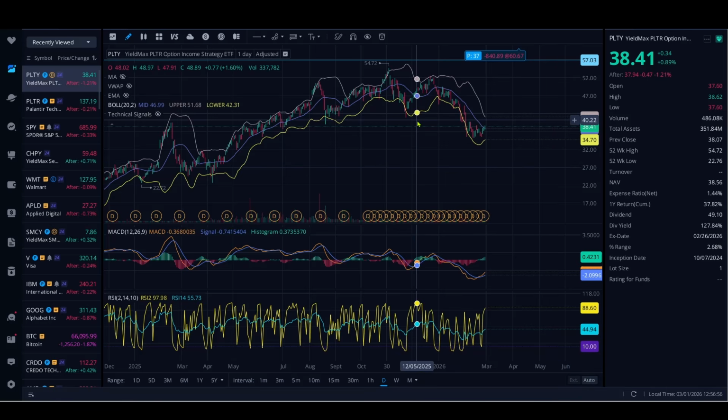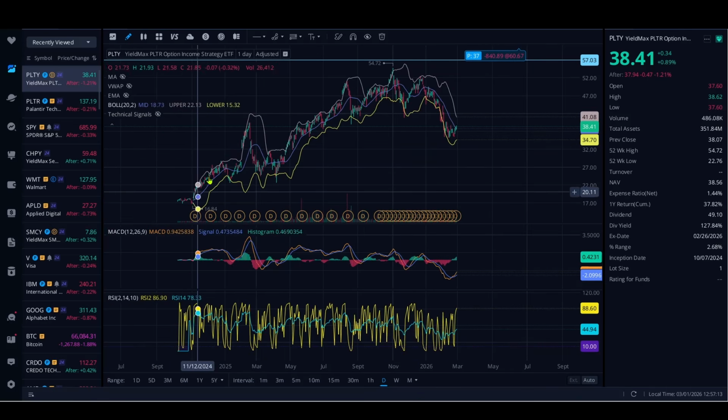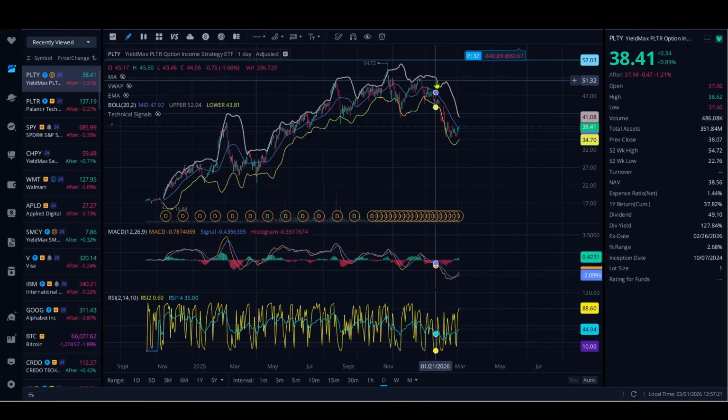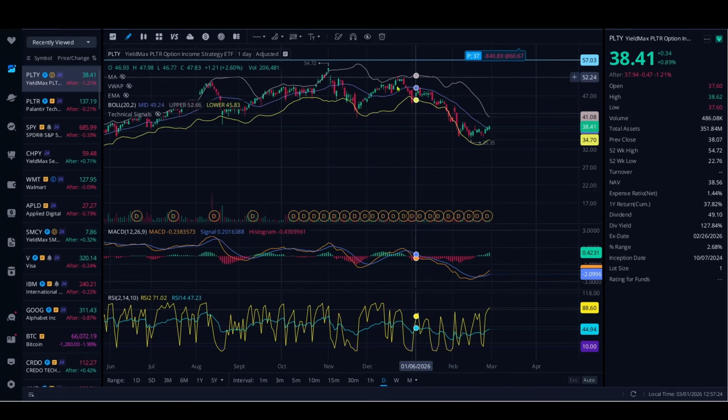So let's just start right off here with PLTY first before we get into the distributions and the high yield ETF spreadsheet. So on PLTY, you can see overall it has been somewhat moving up for a good bit. But since this year, it has been kind of coming down. And this is about the start of this year right here.